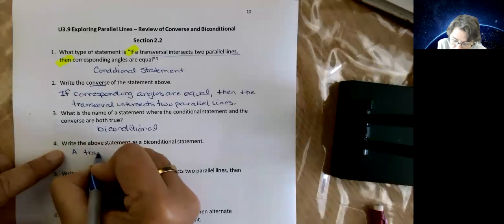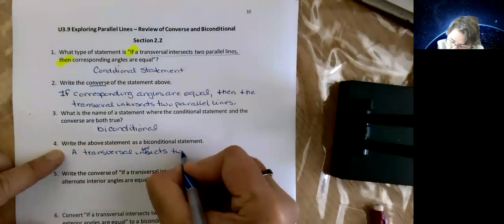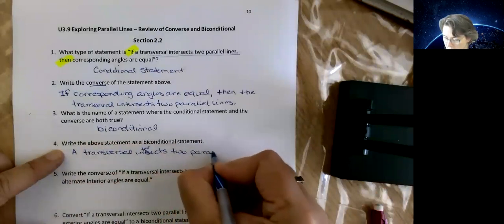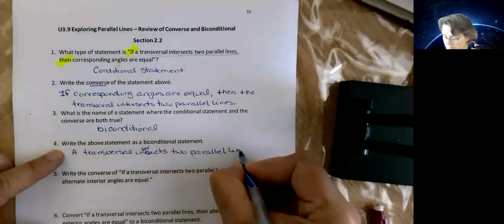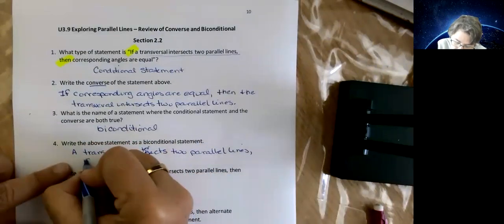Wow. A transversal intersects, whoops, not insects, intersects 2 parallel lines. And this is the part that makes it biconditional: if and only if.